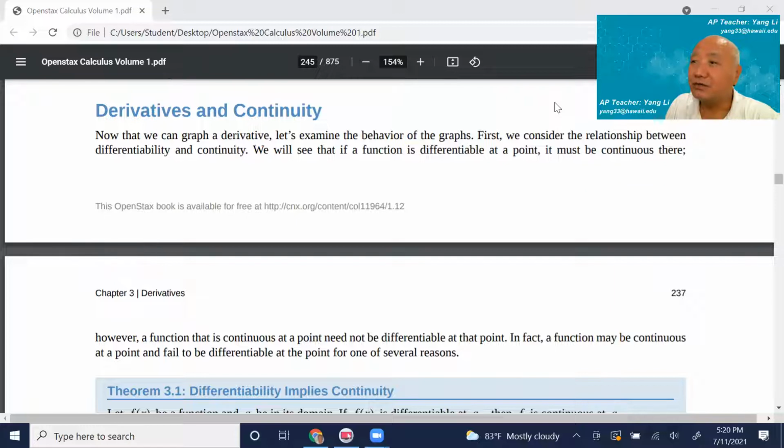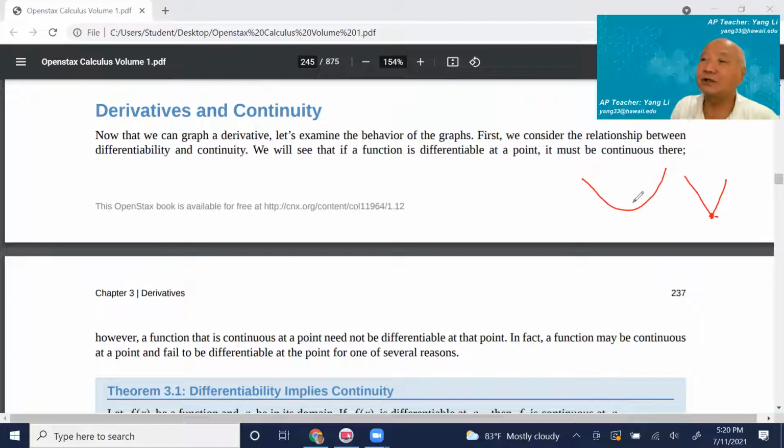And then continuous, what do we say? When we say continuous, it means the function has no hole. Of course, no hole may be smooth, but it may also have a corner point like this. In this case, even though it's continuous, it's not differentiable, okay?